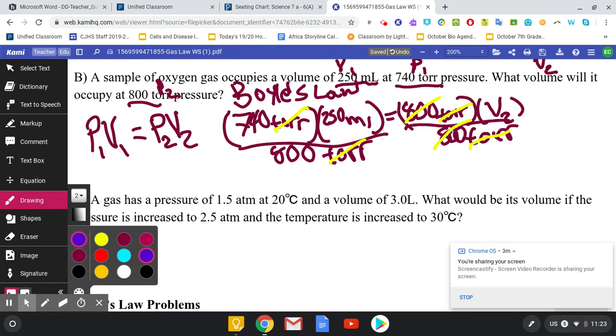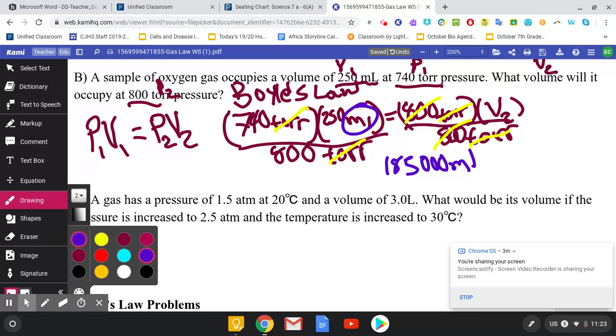If we take 740 times 250 milliliters, if the calculator was correct, you come up with 185,000 milliliters, because my milliliter unit is still up here.